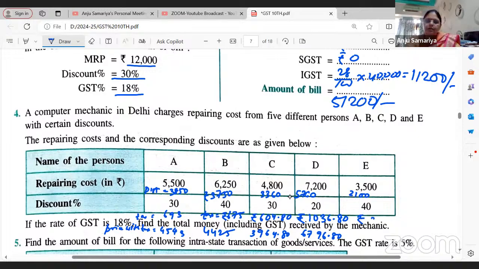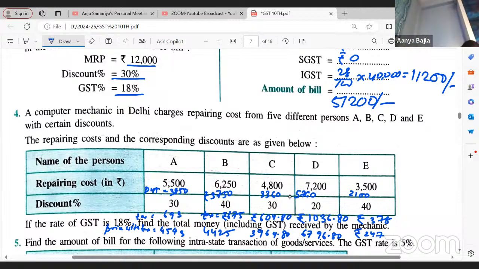Yes. Price is 2,478. So total, add these. Total money is asked, so this plus this plus this plus this.